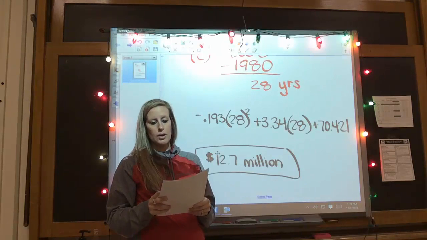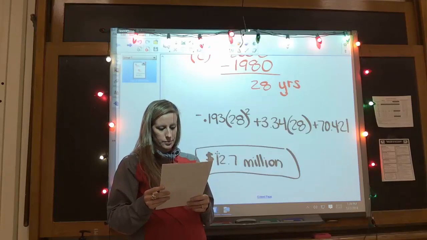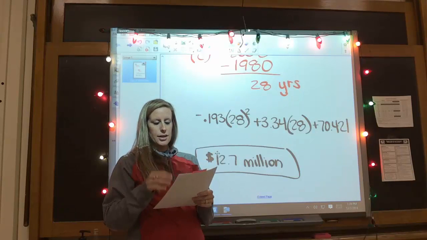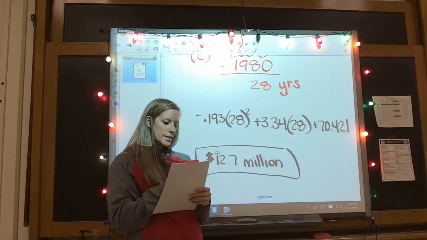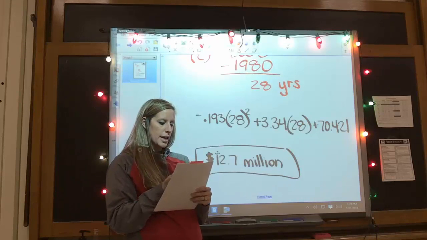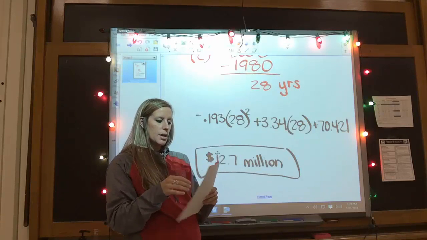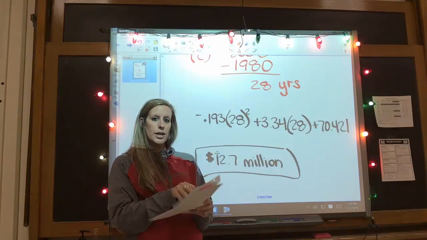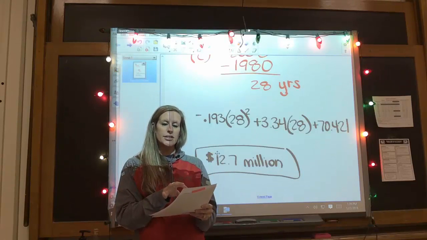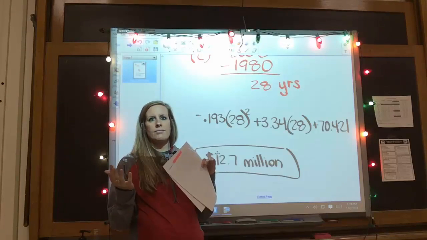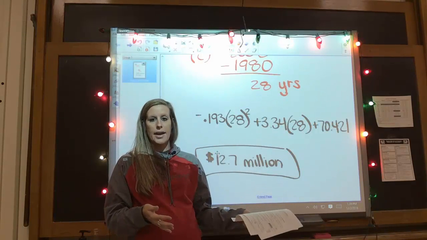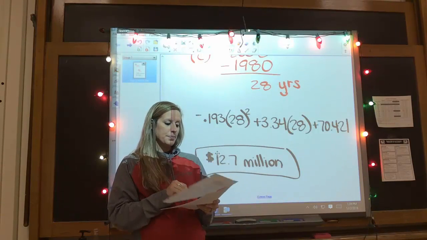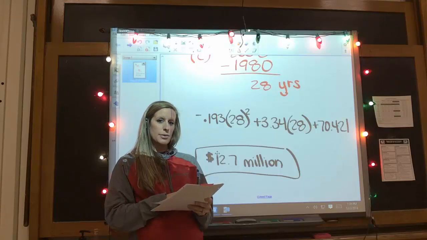All right, we'll do one more. Let's do number 3. Number 3 says the average cost of a new sedan, and it gives you a table. Like we did on the first one, anytime it has years, we don't want to put in 1998 or whatever. We're going to use numbers to represent that.